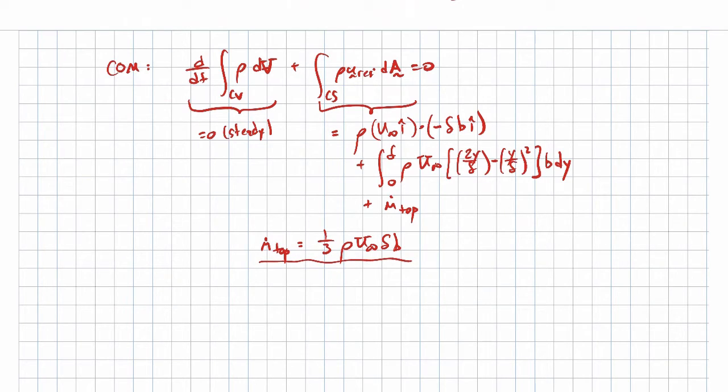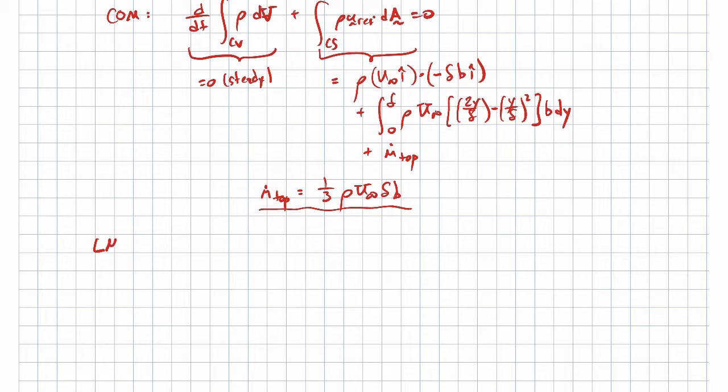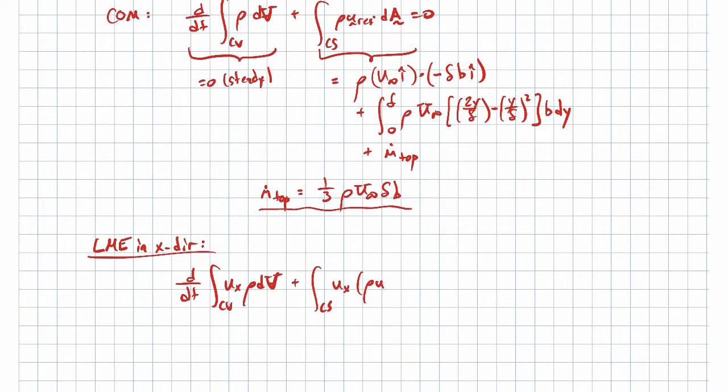Again, I'm not going to go through all the tedious details of evaluating the integral. Now let's do the linear momentum equation in the x direction on that same control volume. So we write out the linear momentum equation. Again, you want to get to the point where you can do this without having to look it up.